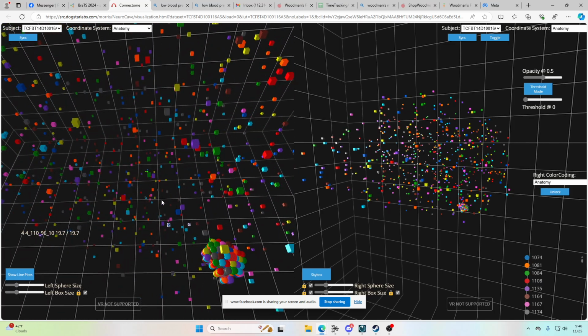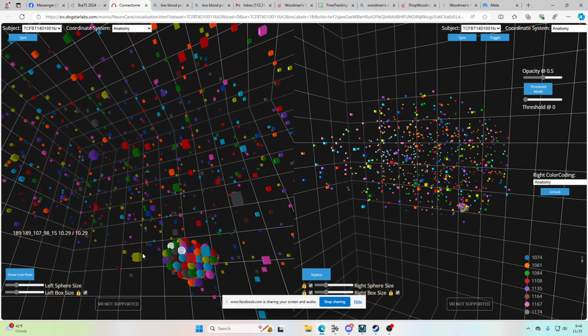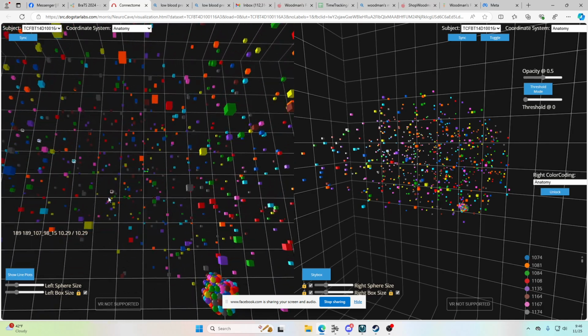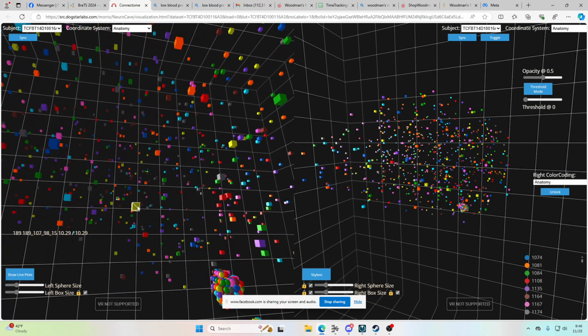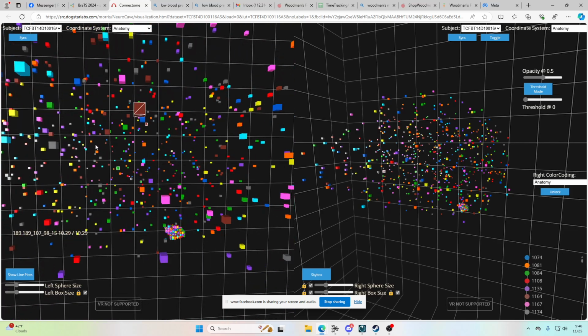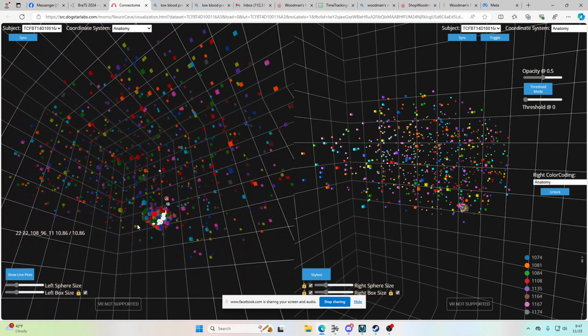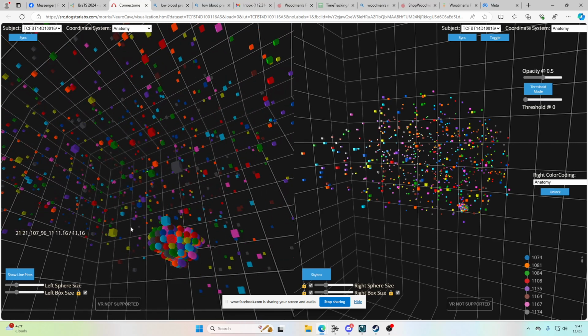I imported that data in here, and I represent the regular brain tissue with cubes like these. This is just a random sampling from brain tissue. And then this is the full data set for the tumors.